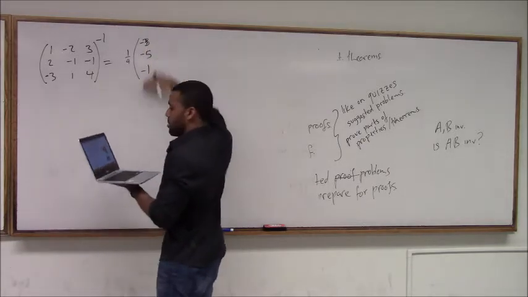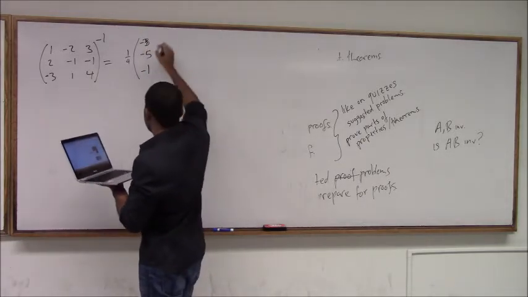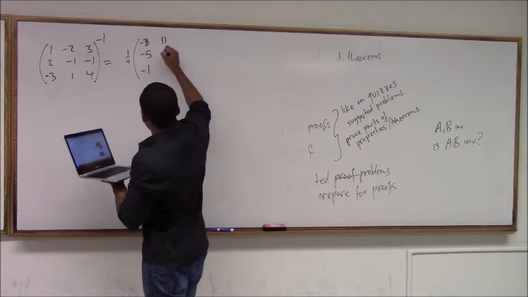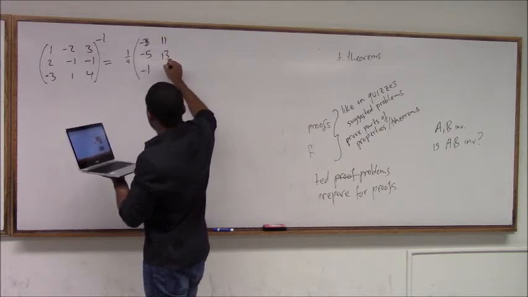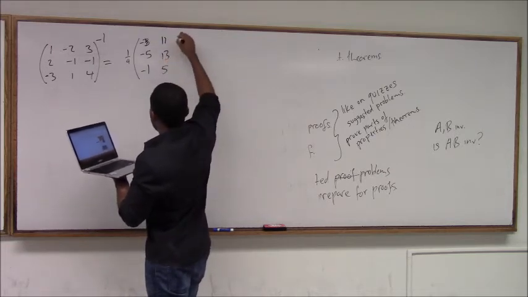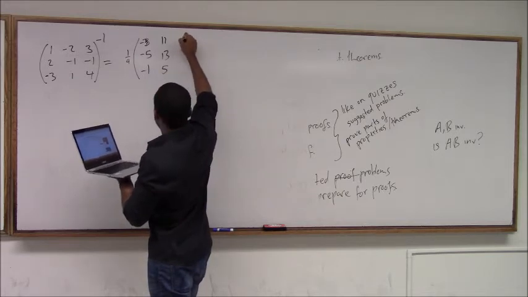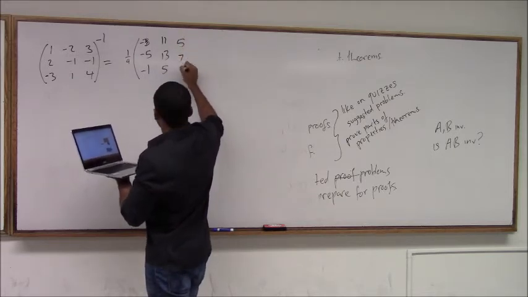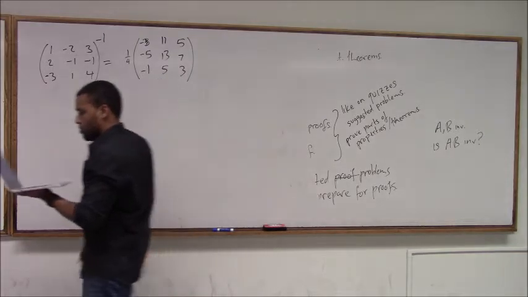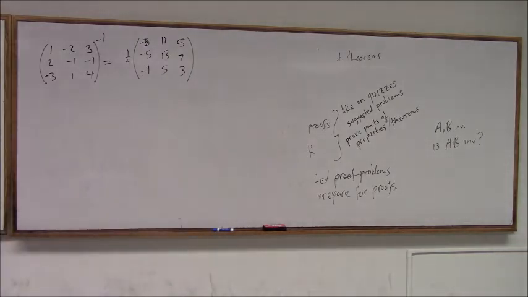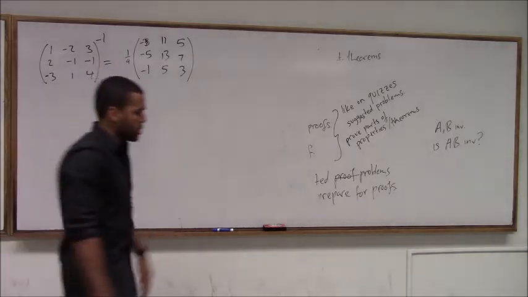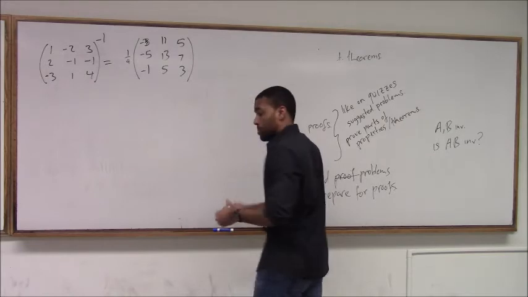So the first column should have negative numbers in it, and the other ones were positive. I think we had a negative somewhere else. 5, 7. So that's the actual one. I think last time we had some signs that were off. Correct.